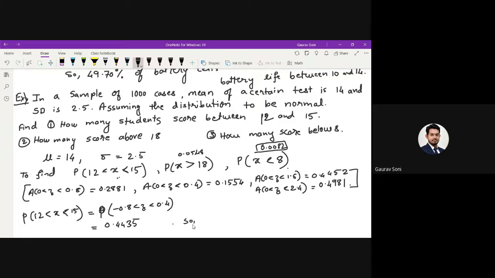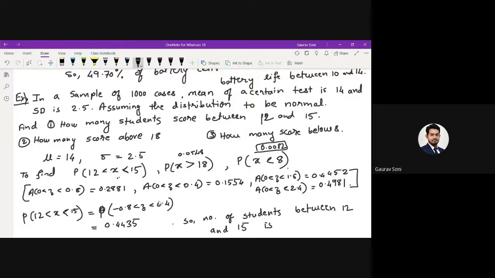So the number of students between 12 and 15: 1000 is the sample, and 0.4435 is there.